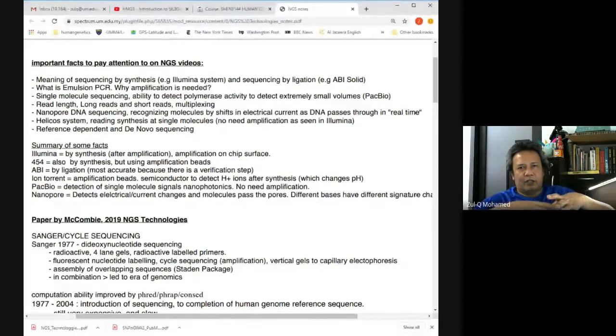You have to imagine a slide where you have all these different clusters. It's a random placing, right? It's not really a set place. So it's a random place where they have a bridge PCR, and then they start amplifying within the cluster.